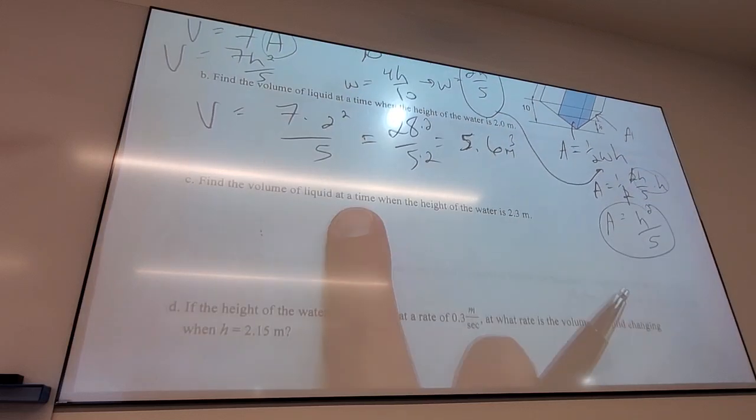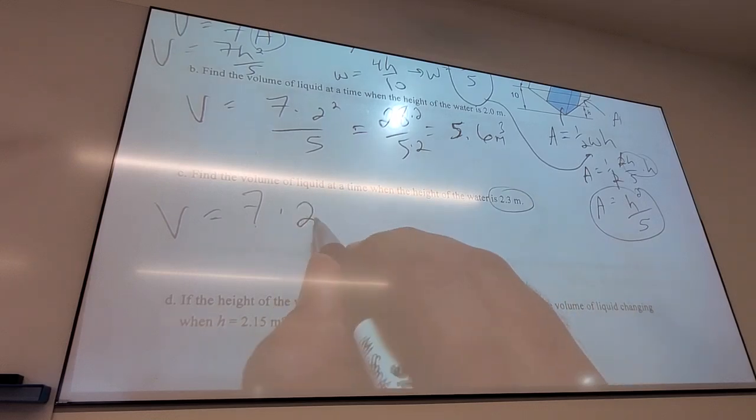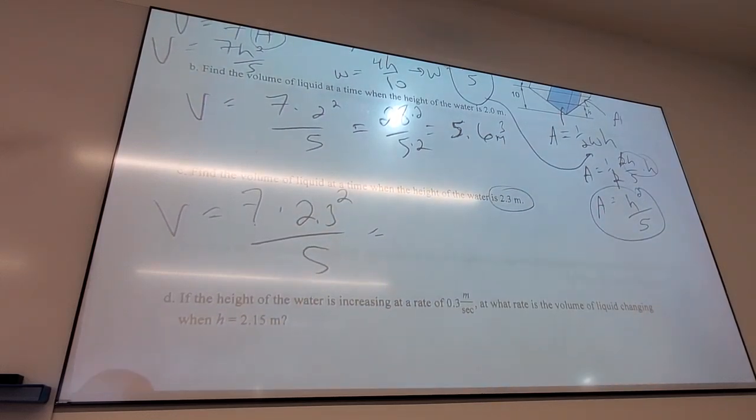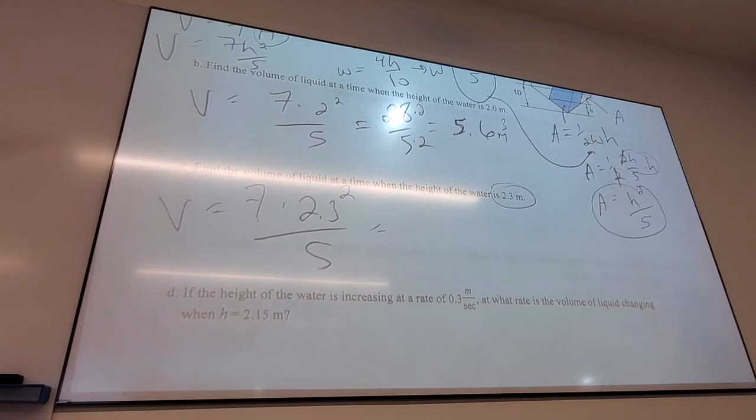All right. And then part C, same idea, right? So let's just do this real quick. I want it when it's 2.3. Whatever 2.3 squared is. 5.29.